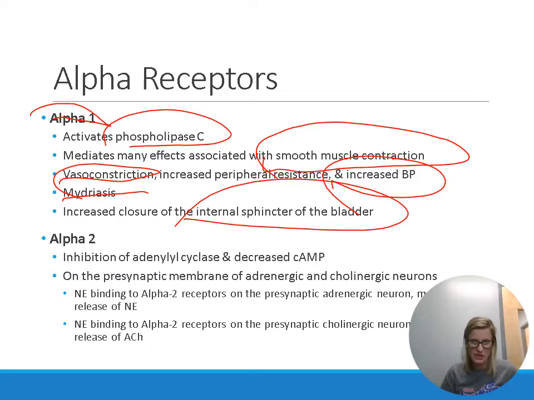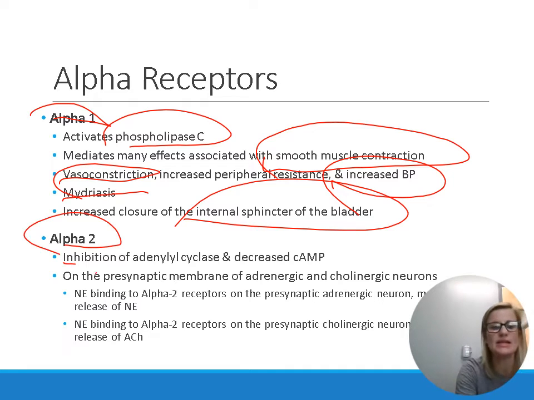Alpha-2 receptors are those receptors that are on the presynaptic neuron. Remember we said we've got the postsynaptic receptor on the effector, but the neuron that releases the norepinephrine also has presynaptic receptors on it. That's the alpha-2 receptor. So when the agonist binds to the alpha-2 receptor, it causes inhibition of the neuron, and it decreases cyclic AMP.